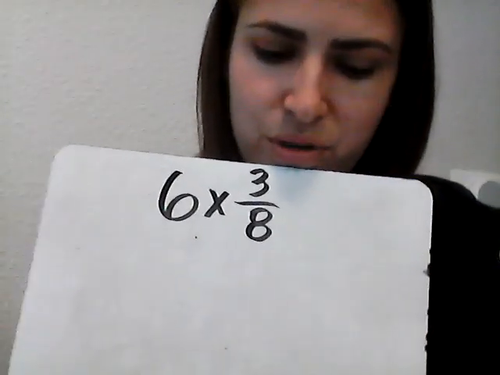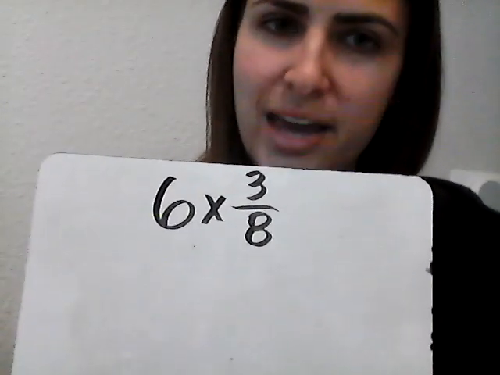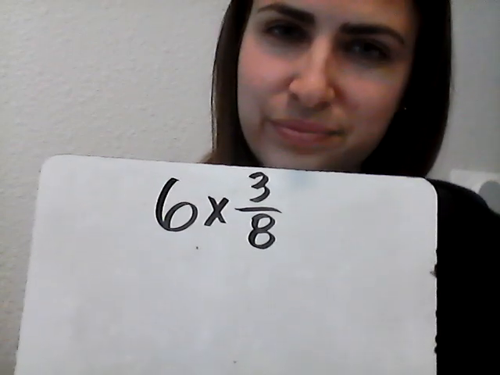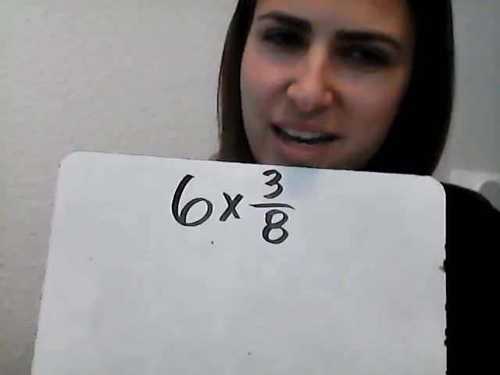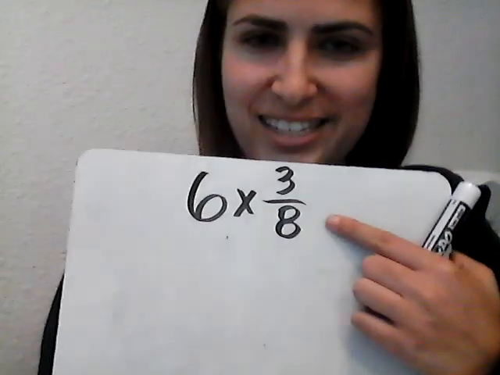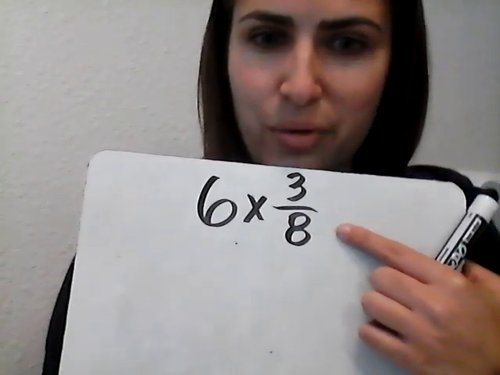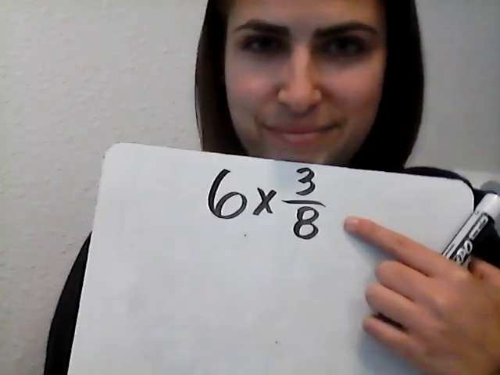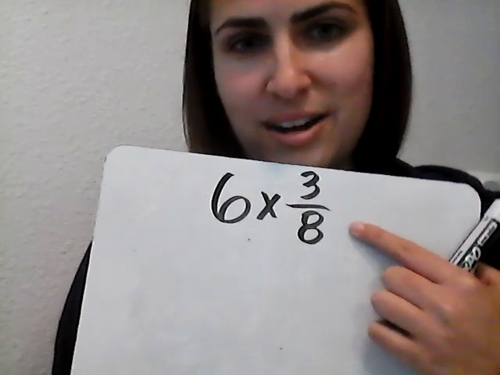I would like for you to write 6 times 3/8 in unit form. I want you to take a moment. How could we write 6 times 3/8 in unit form? Pause the video and write it on your whiteboard. Let's see, I'm going to write it on my whiteboard as well. So we have 6 times 3/8.